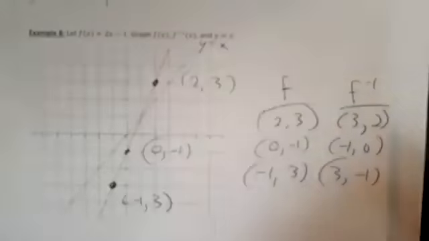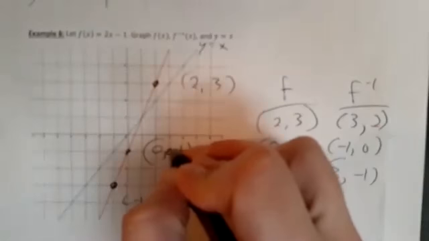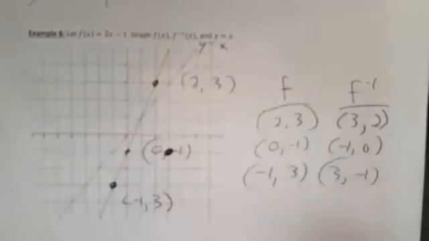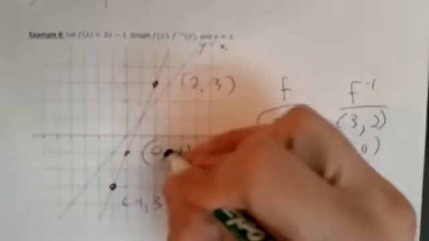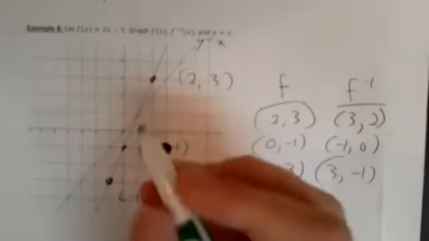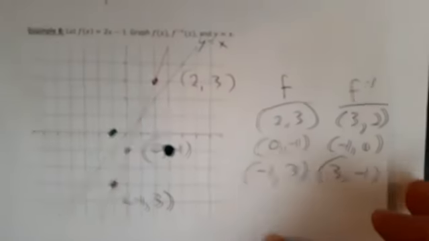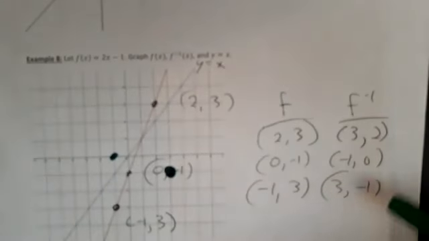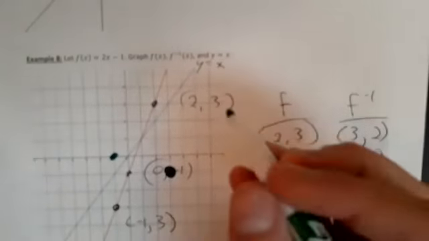What is it? 3, -1 should be right here. Yeah, I should do this with a different color, huh? 3, -1. I got -1, 0. And 3, 2.